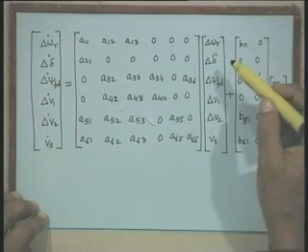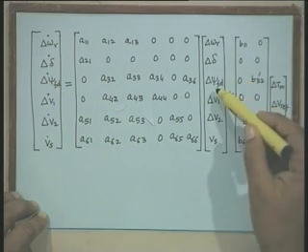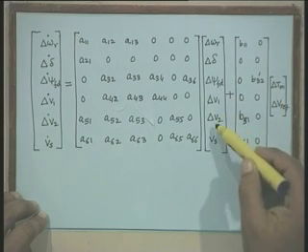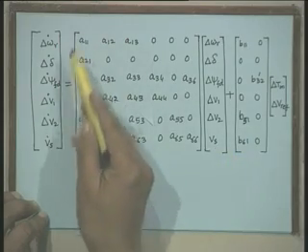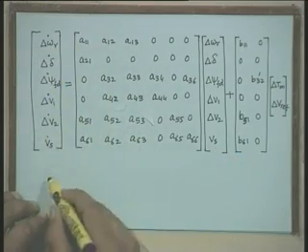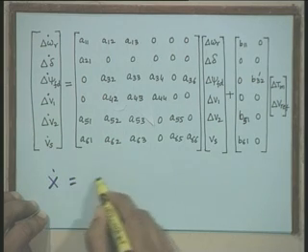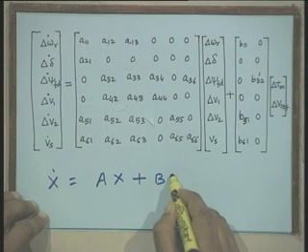There are 6 different state variables: delta omega r, delta delta, delta psi fd, delta V1, delta V2, Vs. We can write this model again in the form x dot equal to A x plus B u.